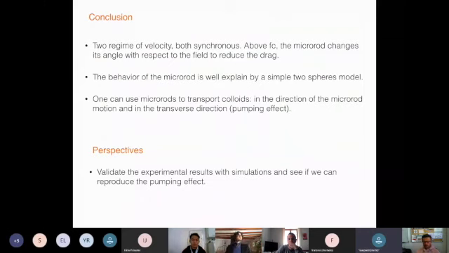And you have two directions of motion of the colloids. The colloid is advected with the microrod, and also has a transverse motion that we call the pumping effect. So now we are also working with theoreticians and numericists to try to reproduce the experiment and this pumping effect in simulation.